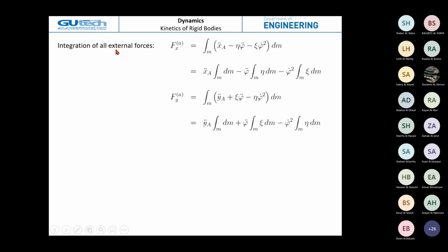Now, if we integrate all external forces in the x direction over the whole mass or the whole volume, we get the first term, x dot dot A dm. Then minus phi dot dot times eta, which is a kinematic, geometrical term, multiplied by dm, the position here.